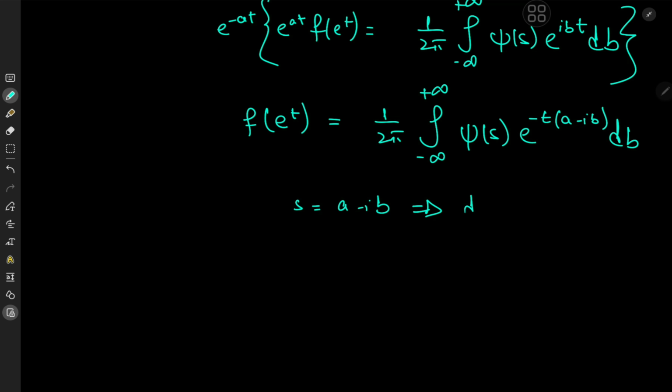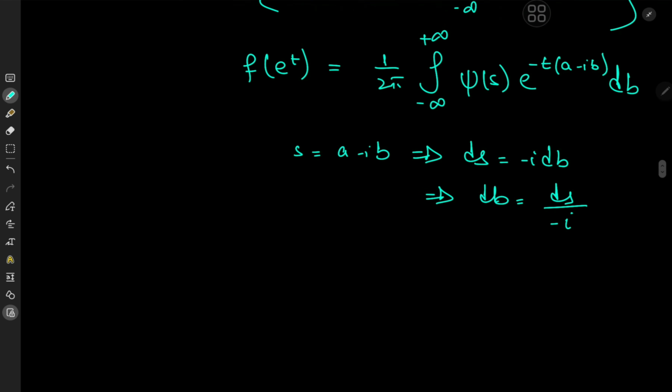So this means that ds equals negative i db. And this further implies that db equals ds over minus i, which implies that f of e to the t equals 1 over 2 pi times the integral from a plus i infinity to a minus i infinity now, because s equals a minus i times b.